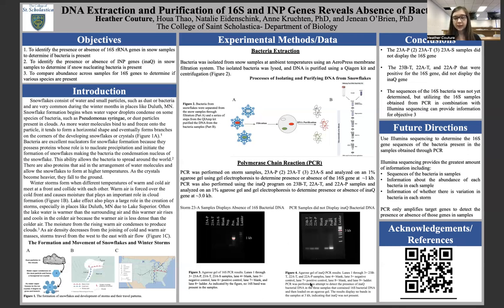So this indicates that the nucleating protein that would cause the snowflake formation was also not found in our samples. But those samples did have bacteria present.